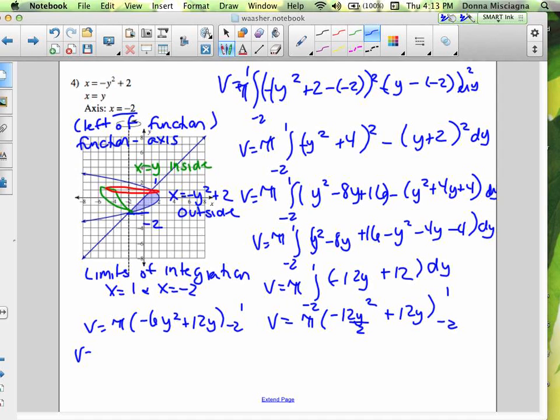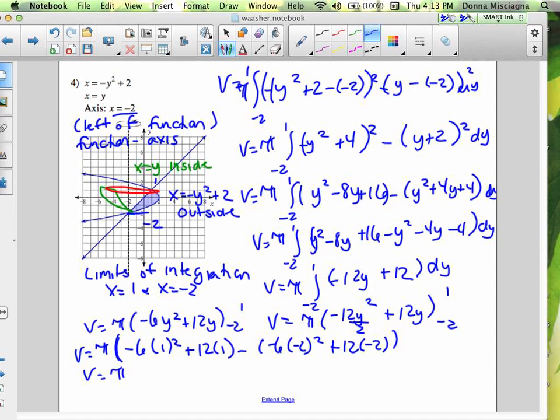So our volume is pi times negative 6 times 1 squared plus 12 times 1 minus negative 6 times negative 2 squared plus 12 times negative 2. And then let's just simplify this.